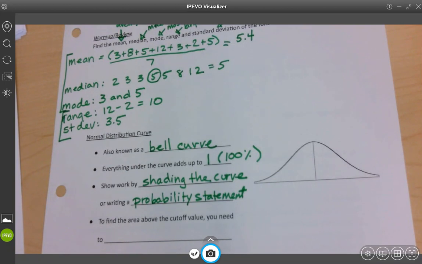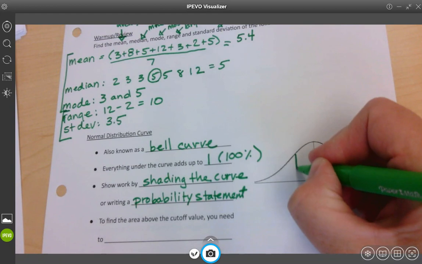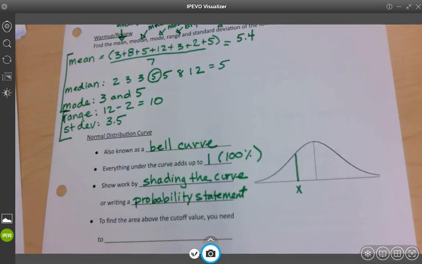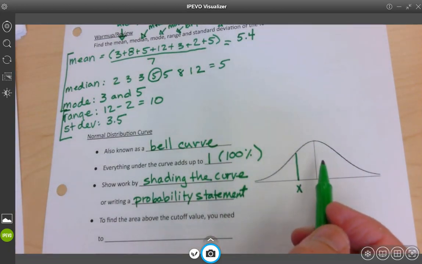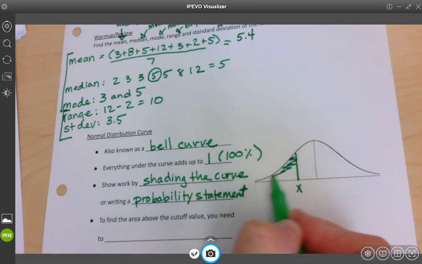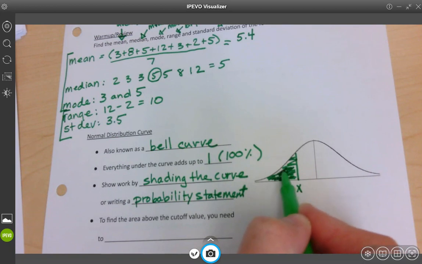All right, so when you are shading the curve, you have some value x. Here's my x. And I'm trying to find the probability that a certain number would be less than that x. And that would be represented over here. That would be what I would be shading.